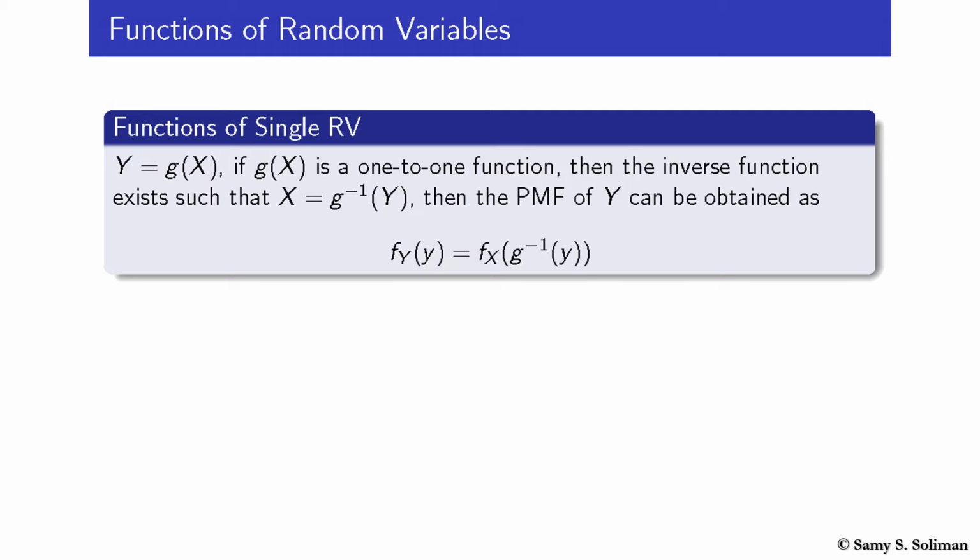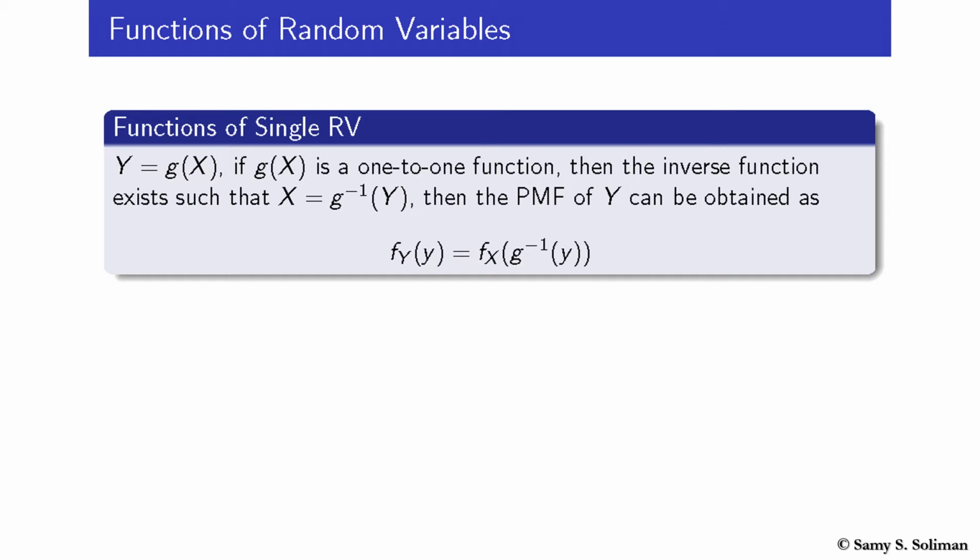The rule says that if we have a new random variable y, which is defined as a function g of random variable x, and if that function is a one-to-one function, which means for every value of x there is only one corresponding value of y, the new random variable, then the inverse function exists. That is, we can find x equals g inverse of y, or for every value of y there is only one corresponding value of x.